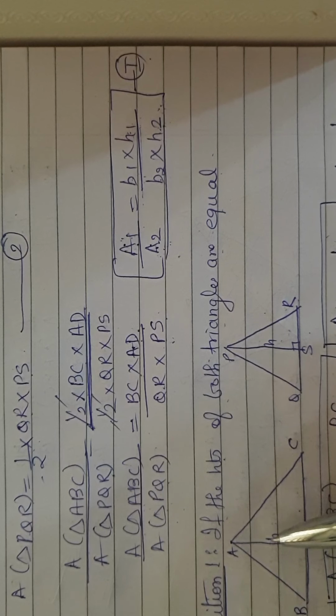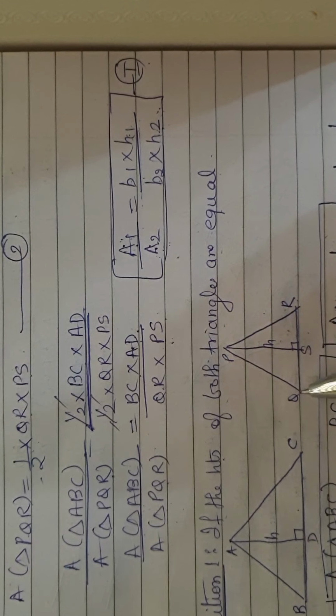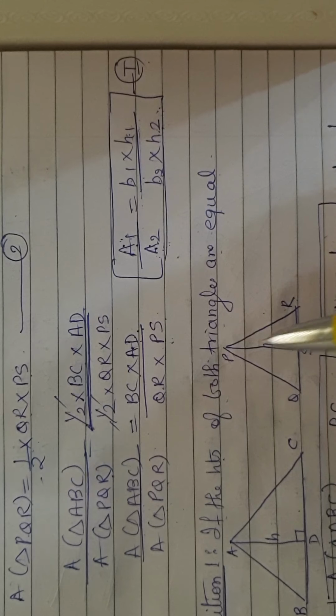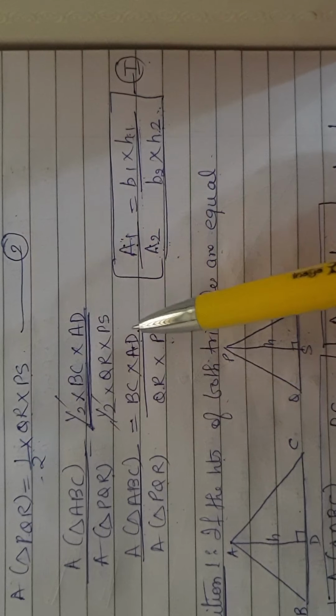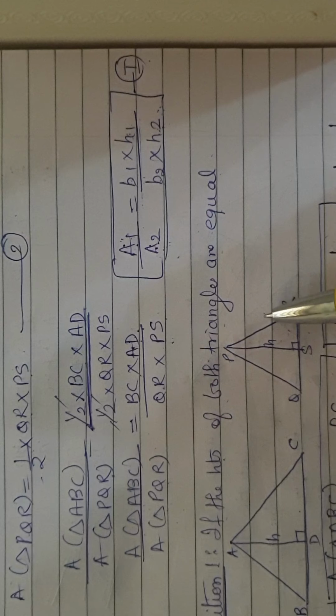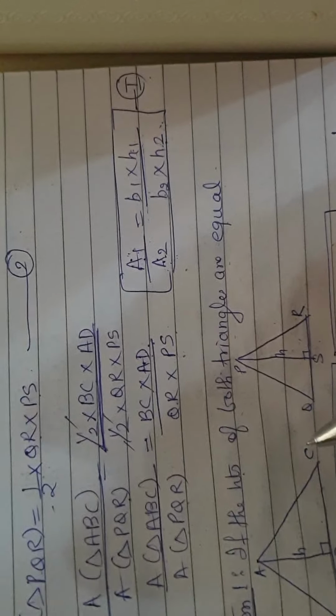Now, see, your area of triangle ABC was half BC into AD. Area of triangle PQR is half QR into PS. So when you took the ratio, half got cancelled. Similarly, now if the heights are equal, means if AD is equal to PS, even AD and PS will get cancelled in this. So what will you get? A new condition.